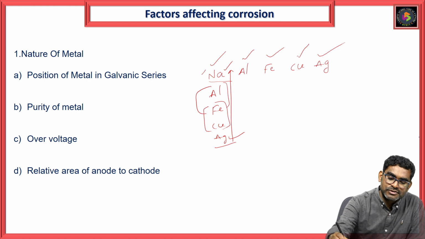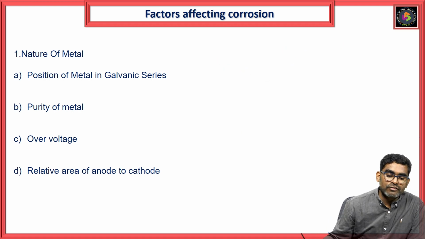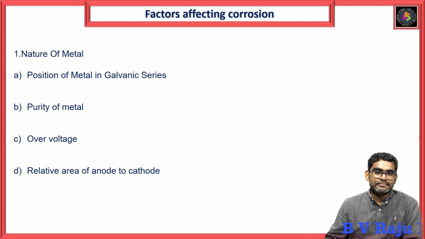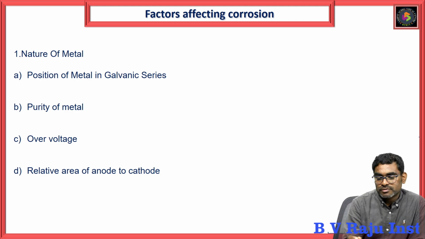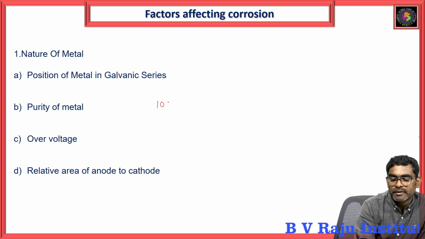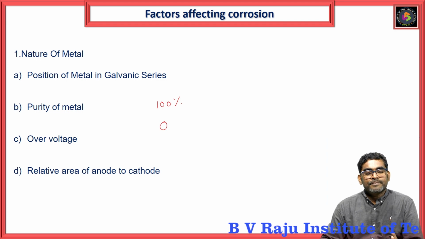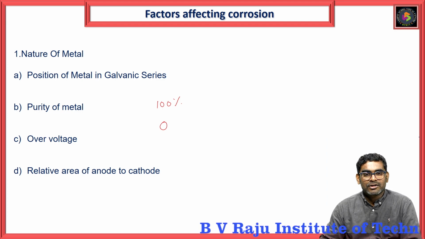And next comes purity of the metal. Yes, purity of the metal plays a major role in deciding the extent of corrosion. Suppose we have a 100% pure metal, then the extent of corrosion is 0. A 100% pure metal doesn't undergo corrosion.